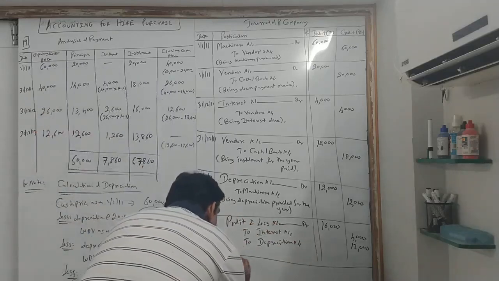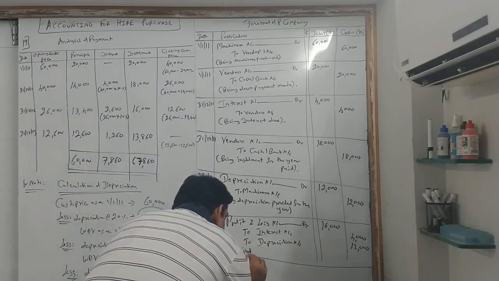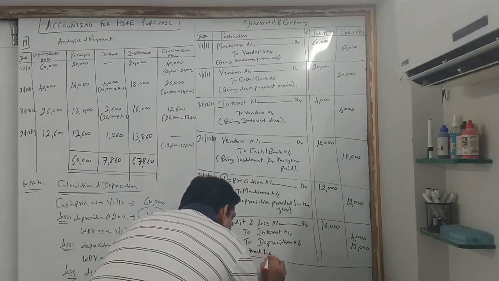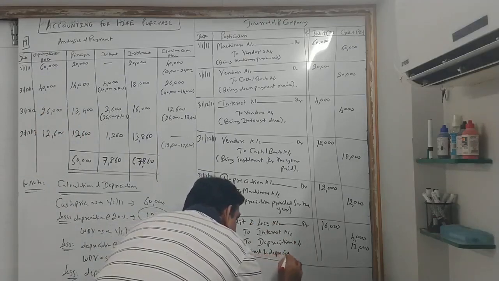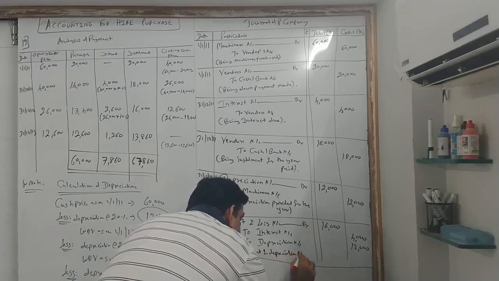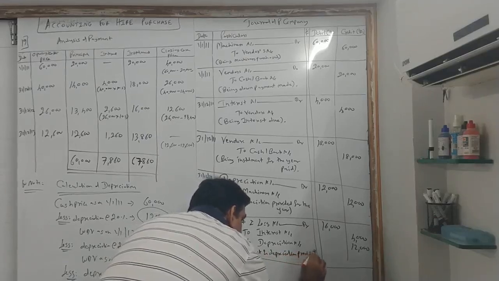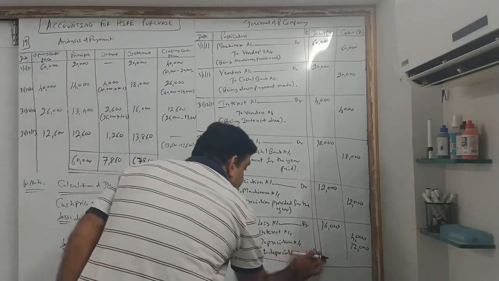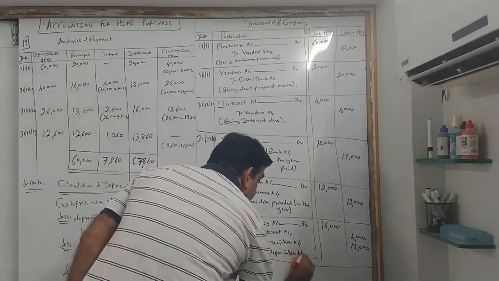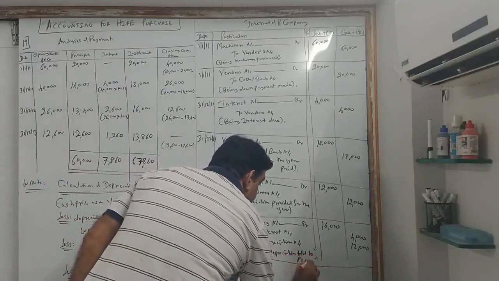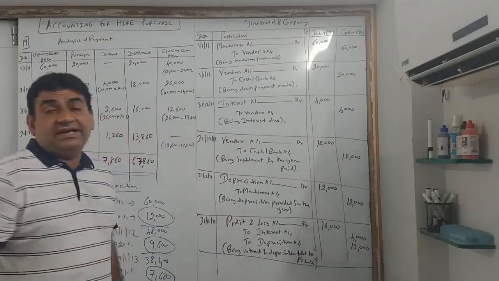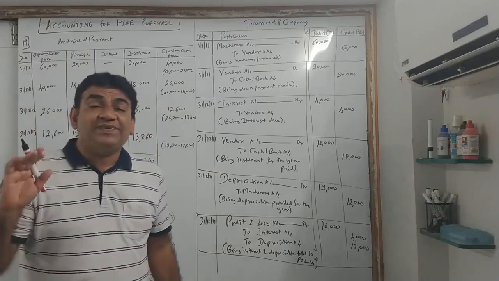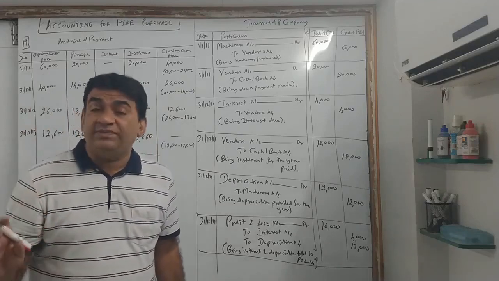Being interest and depreciation transferred to P&L. Getting it? At the end of the day, all expenses and incomes have to be transferred to P&L.